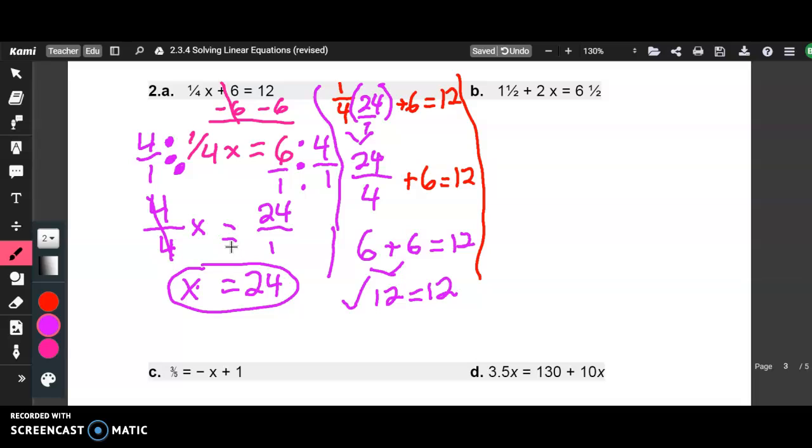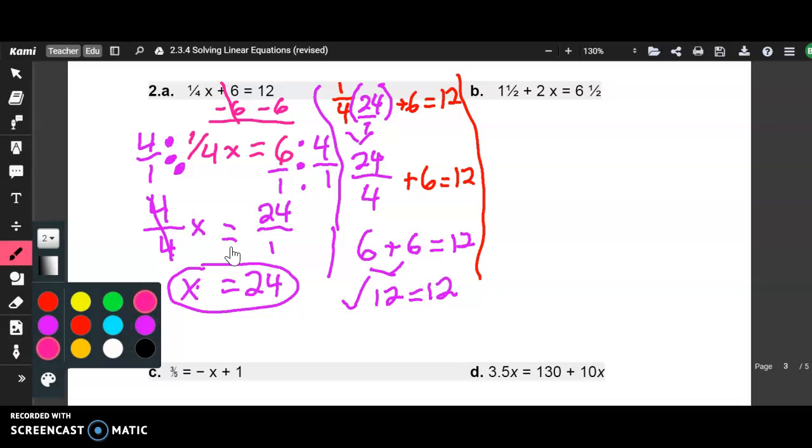Now, if you look at B, our x, a number with the x on it, is 2. We have 1 1/2 and 6 1/2, so we have 2 mixed numbers. What I want to do is get rid of 1 1/2. I want to make it 0. What can I do to make 1 1/2 0? It's a positive 1 1/2, remember?